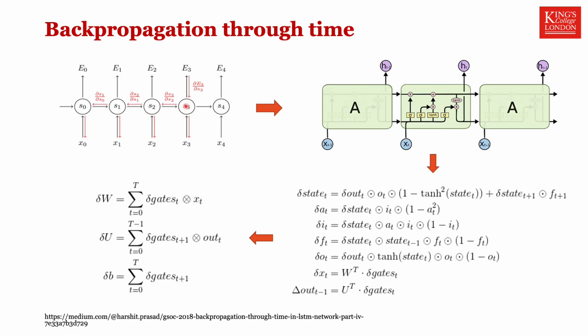Each one of these blocks, each one of these S's, is comprised by, for example, in this case, an LSTM. And because it's comprised by an LSTM, the gradients for each one of the items look like this. So the gradients for the state part, for the A part, the I part, the F part. All of them are defined here for each one of the items that you see, with these definitions that you have there on the left.